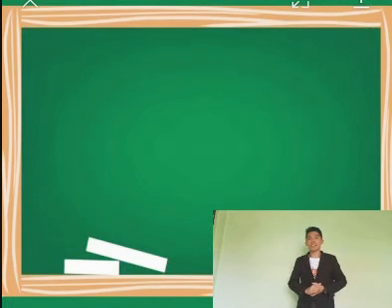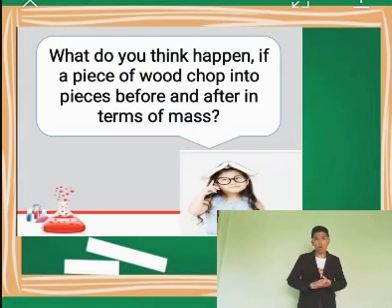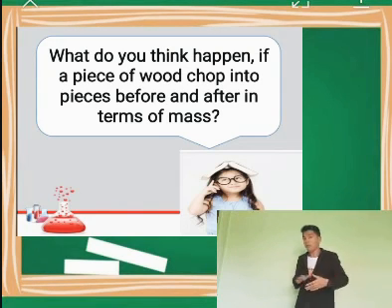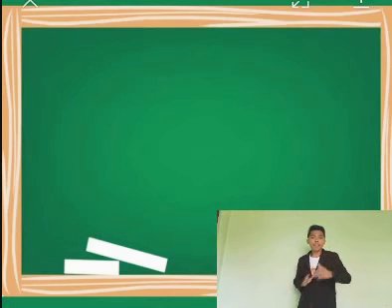Yes. Very good. So now, what do you think happens if a piece of wood is chopped into pieces, before and after, in terms of mass? Leia. Very good. So the mass is always the same. That's the law of conservation of mass.